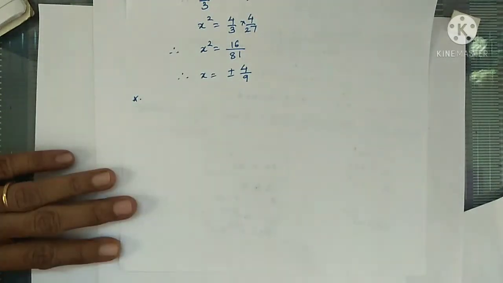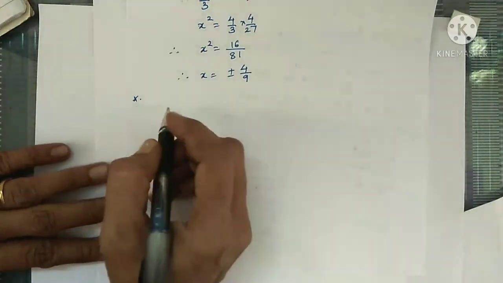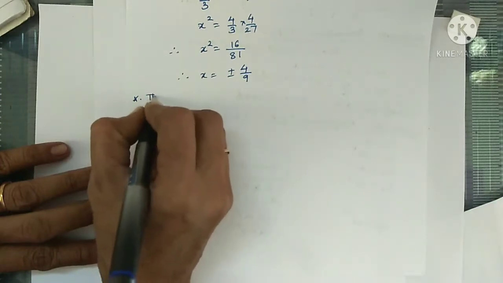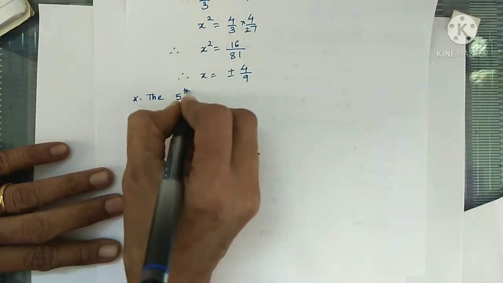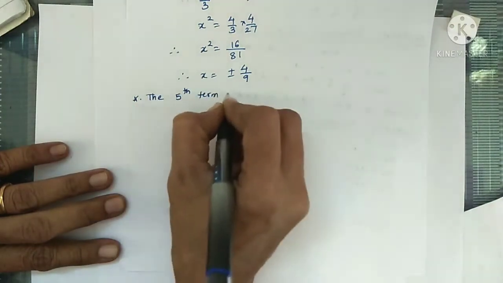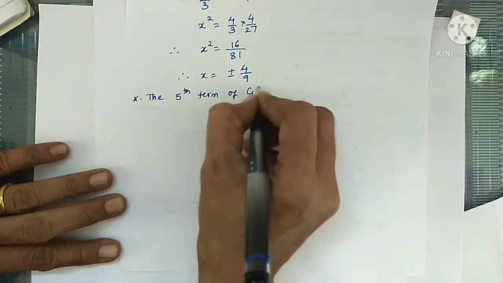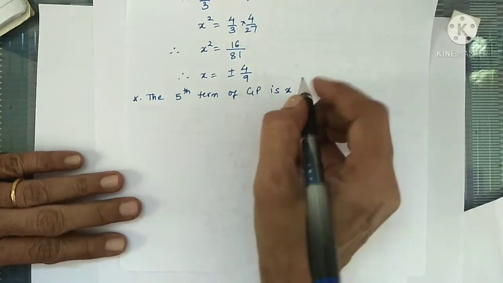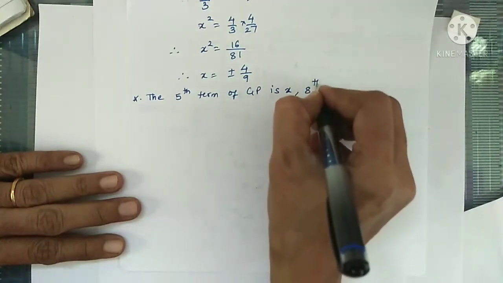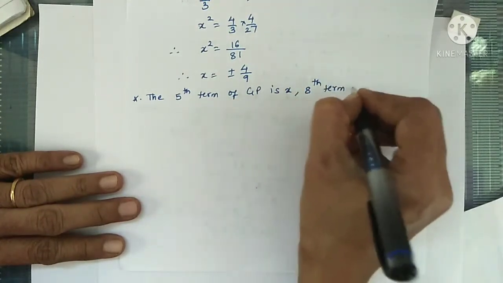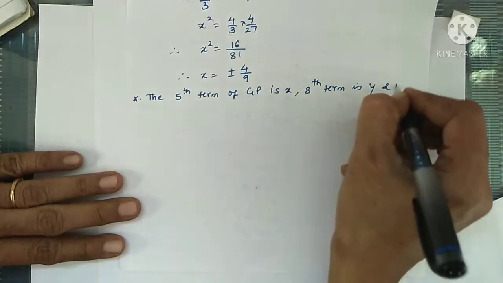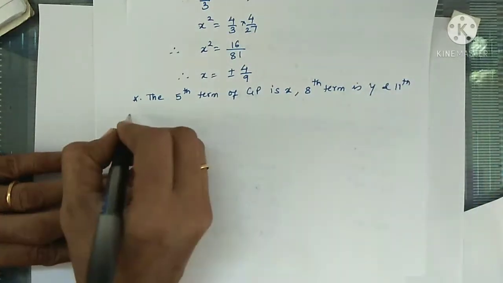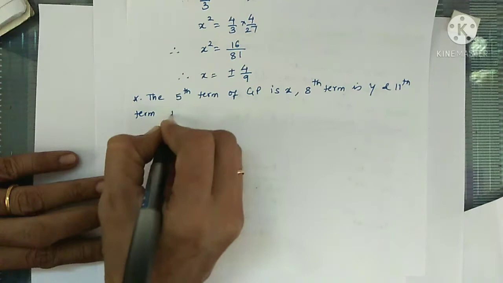Now let's solve one more question. The fifth term of a GP is x, the eighth term is y and the 11th term is z.